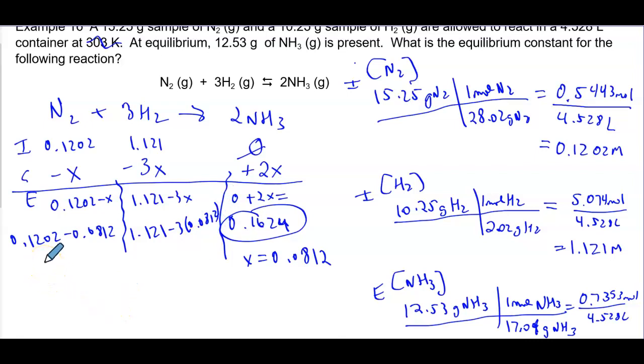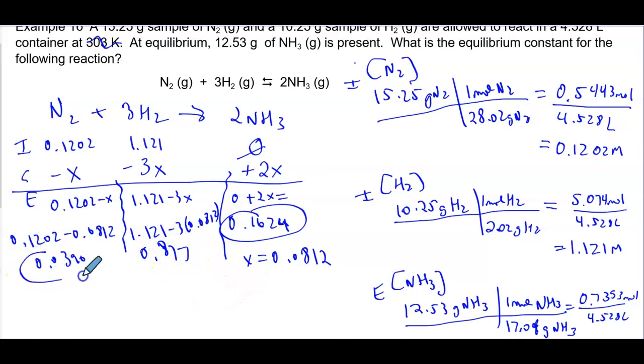So 0.1202 minus 0.0812, and I get 0.0390. And then 1.121 minus 3 times 0.0812, and I get 0.877 here.